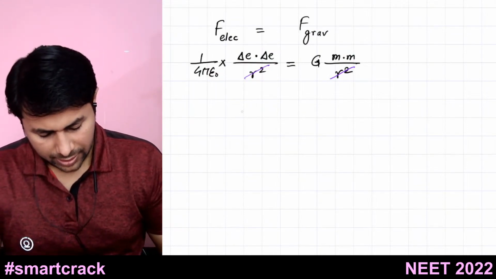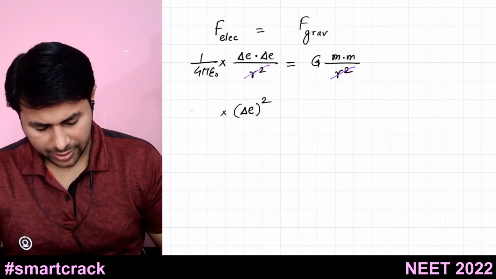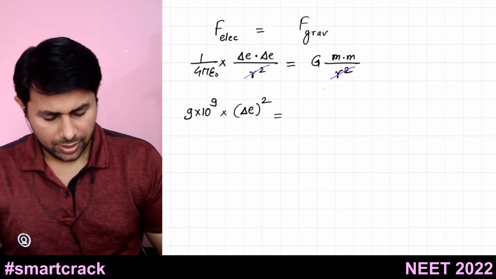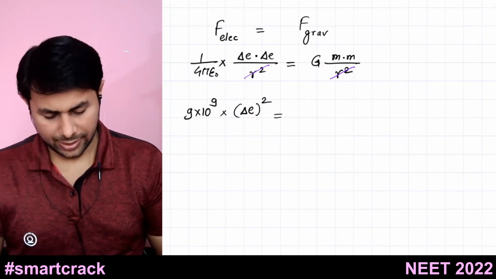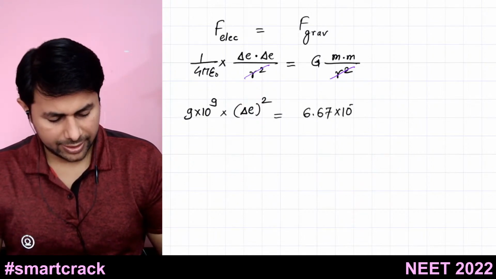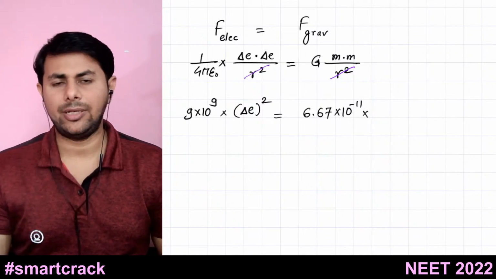So it is delta E square multiplied by 9 into 10 raised to 9, and it is equal to, we know the value of G, it is 6.67 multiplied by 10 raised to minus 11, and multiplied by m times m.